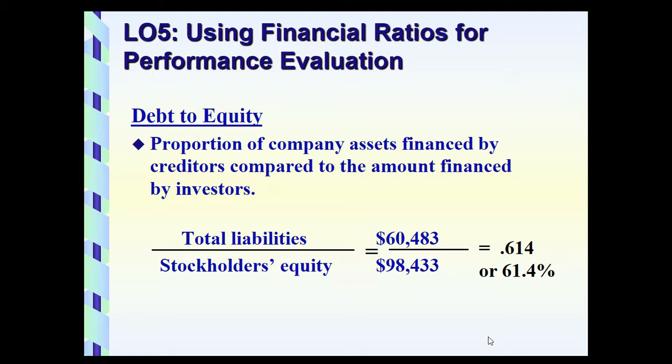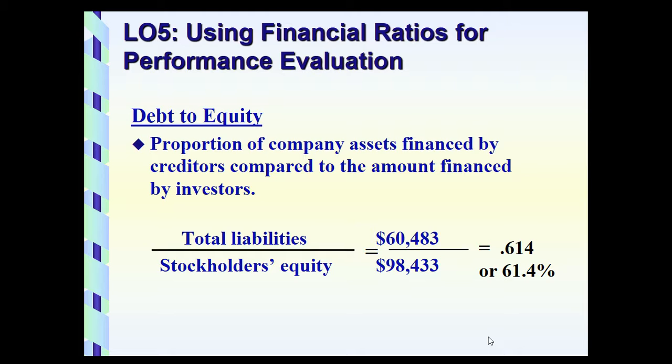Then our next ratio is going to be our debt to equity. And our debt to equity measures financial risk within the company. The more debt the company has in relation to its equity, the greater its financial risk is considered to be.